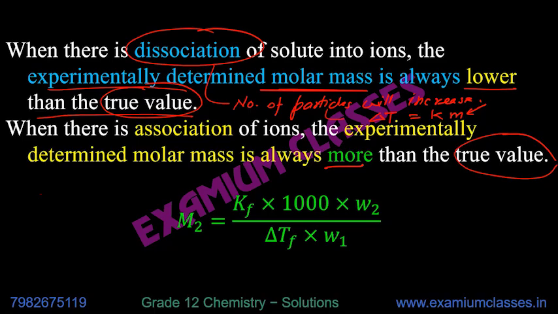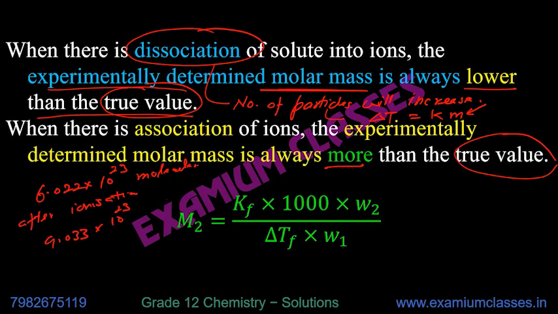So if initially there were 6.022 × 10^23 molecules, the system will consider this as particles because it depends on the number of particles, whether it is molecule, atom, or ion, nature does not matter. After ionization, say it becomes 9.033 × 10^23 ions in total, as some molecules ionized.